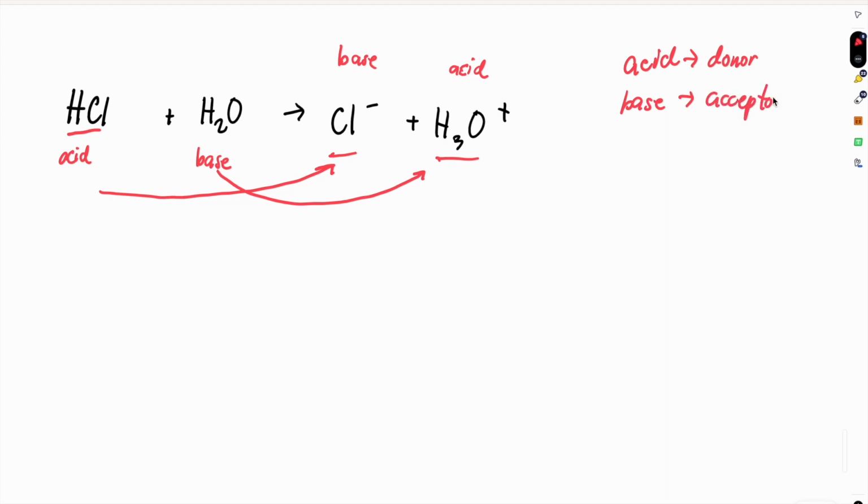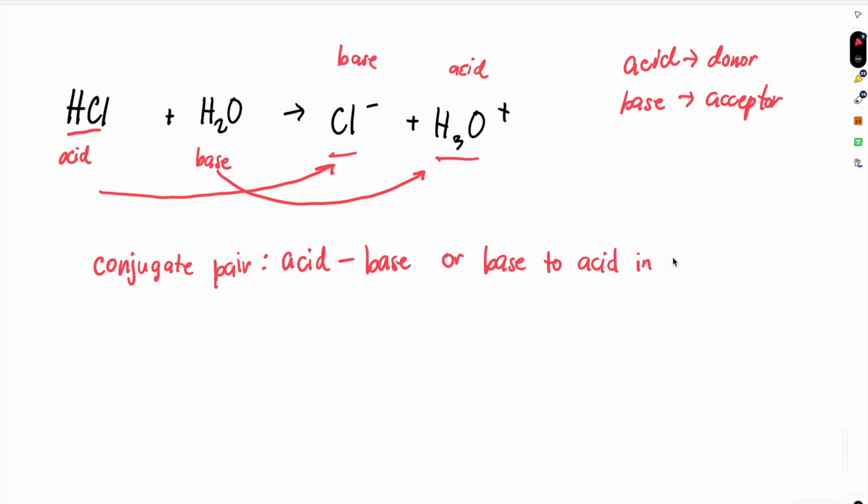Sila i-donate or accept ang H+. H ra. So we have what we call conjugate pairs. What are conjugate pairs? These are pairs that are acid to base or base to acid. So, walay pair na acid to acid o base to base ha.